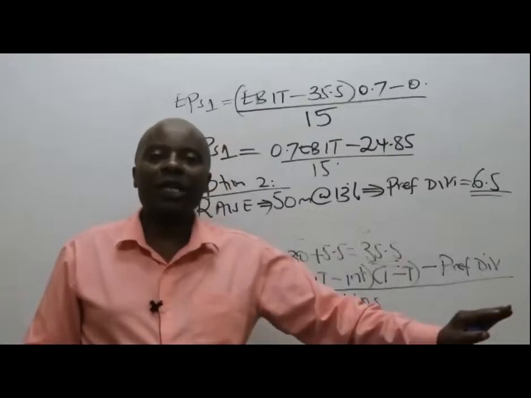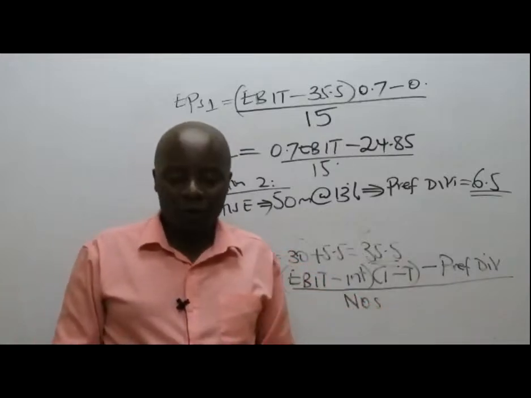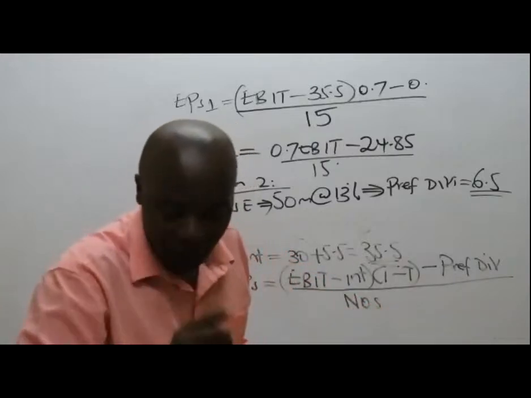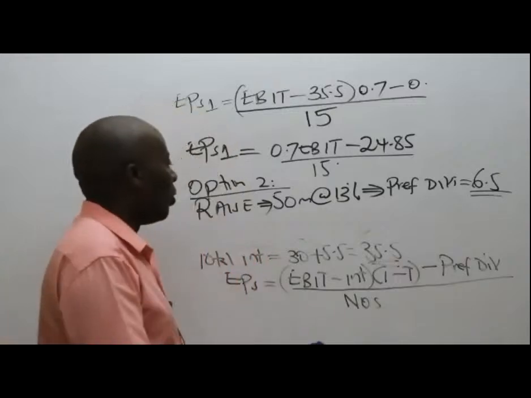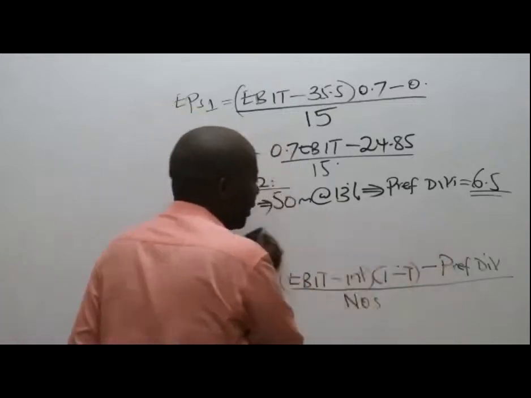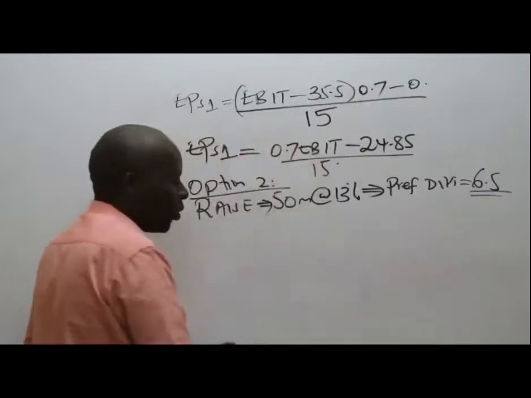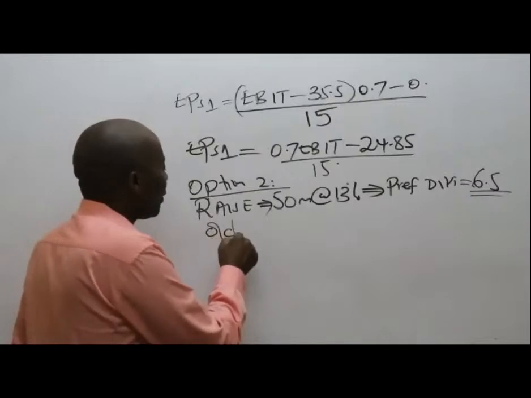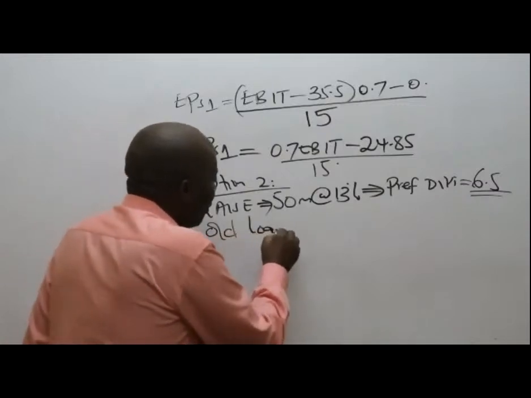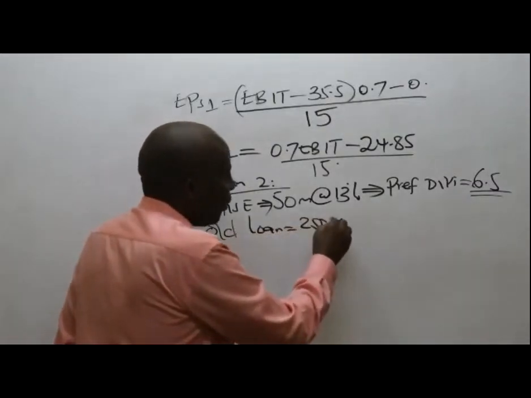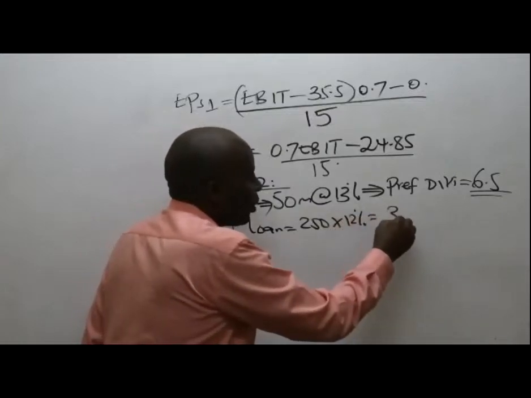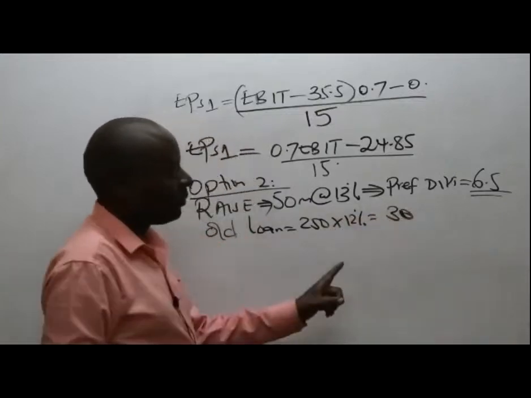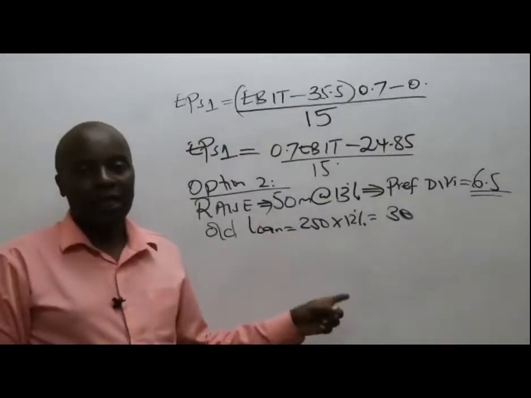It's preference shares. So we'll only be left with one loan, the old loan that we had. So there is no new loan here. The old loan was 250 million times 12%, which will give me 30 million.